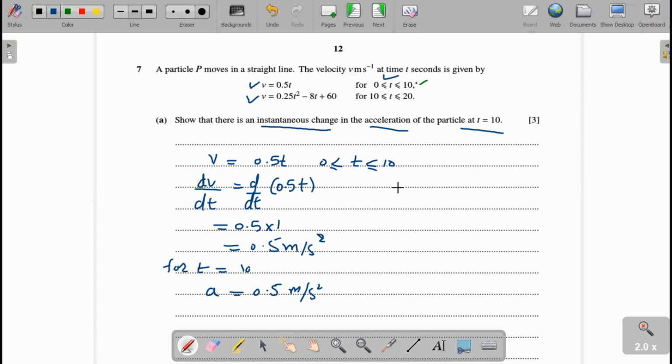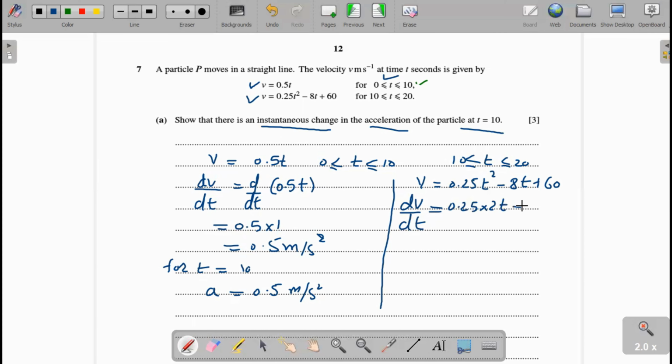Now for the second interval, the velocity is given as 0.25t square minus 8t plus 60, for the interval t equal to 10 to 20 seconds. Now we find the acceleration. We take the derivative on both sides, dv over dt, and that becomes 0.25 multiplied by 2t minus 8 into 1 plus 0.